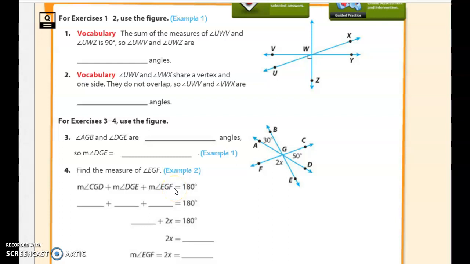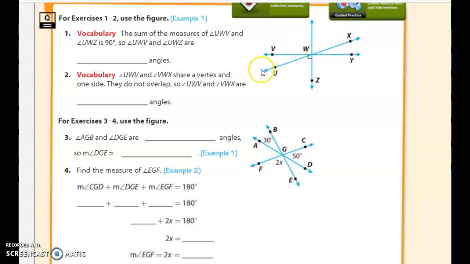Number 2, it says angle UWV and angle VWX. Okay, what kind of angles are they?